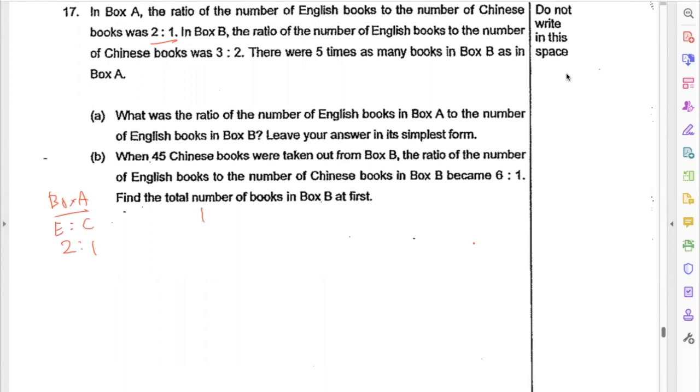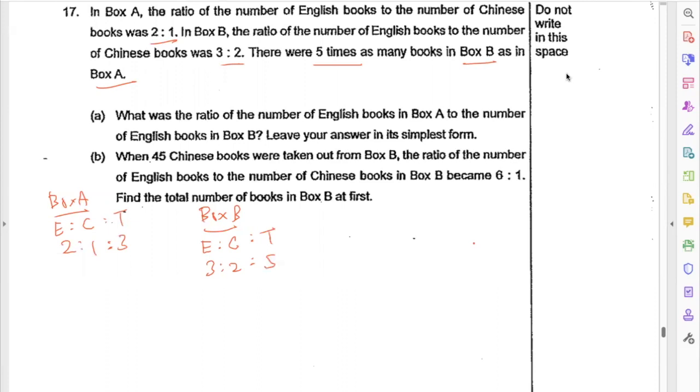Now let's look at box B. 3:2. 3 is for English and 2 is for Chinese. The question states that there were 5 times as many books in box B than box A. So books means total, both Chinese plus English. So total here is 3, total here is 5.